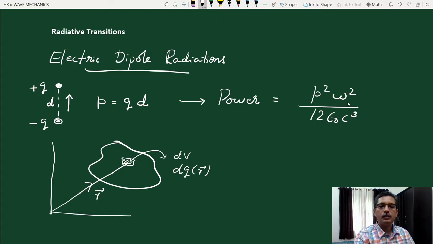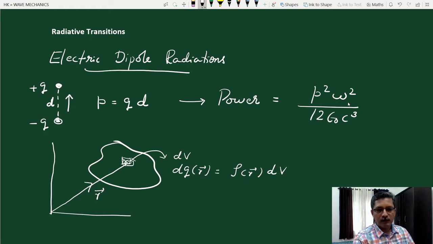Now this dq of this volume element we can write as charge density at this volume element into the volume element dV. Charge density means charge per unit volume. Then that charge per unit volume into the volume of this small element dV will give you the charge in this section.